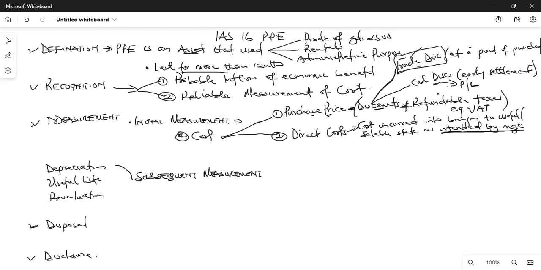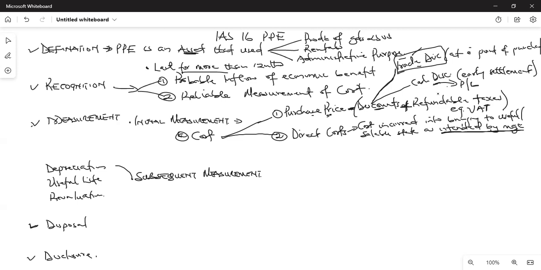So remember in your senior high school level, you do opening stock, add purchases, then you add carriage inwards. You added that because it is part of the cost of bringing the thing into its useful or saleable state. And now they've added as intended by management.